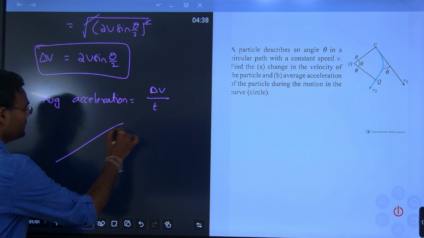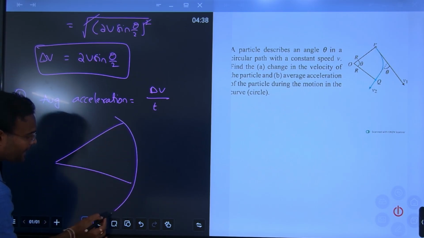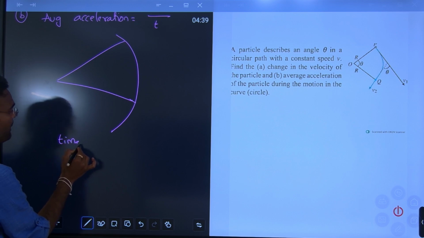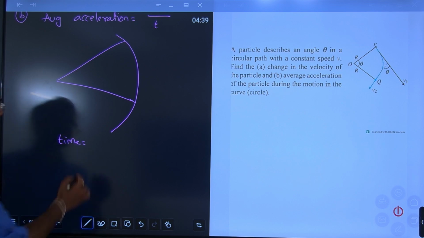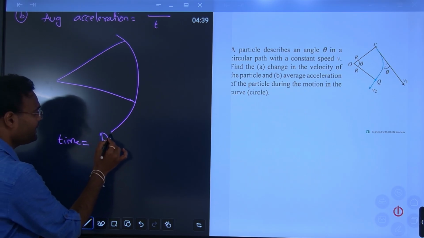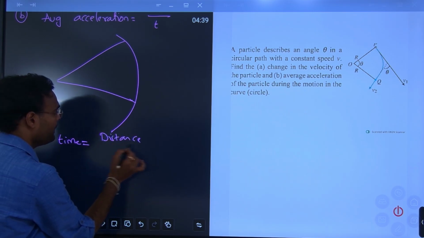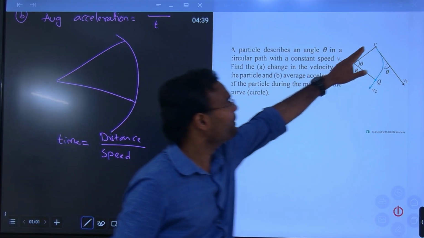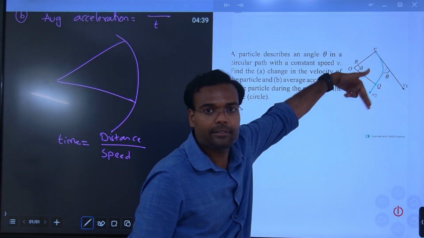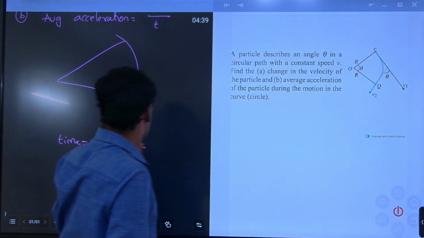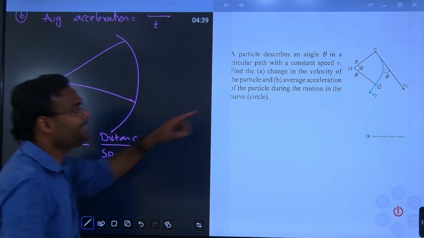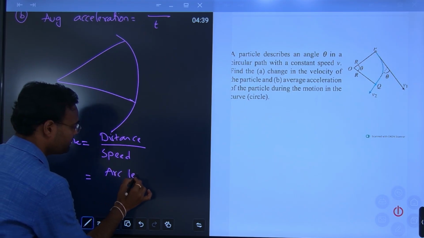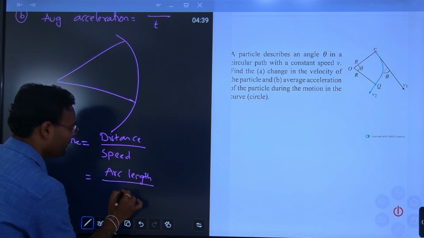If it is circulating like this, can I say the time taken is equal to distance by speed? With a certain amount of speed, the object is moving. The distance is the arc length, divided by the speed v.